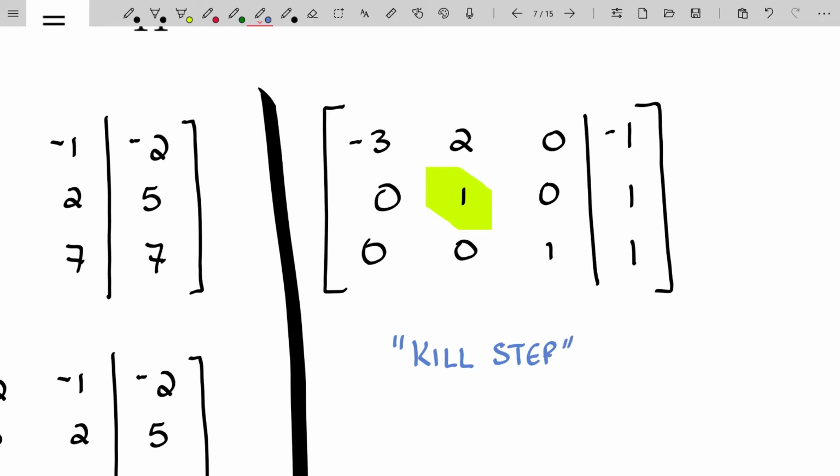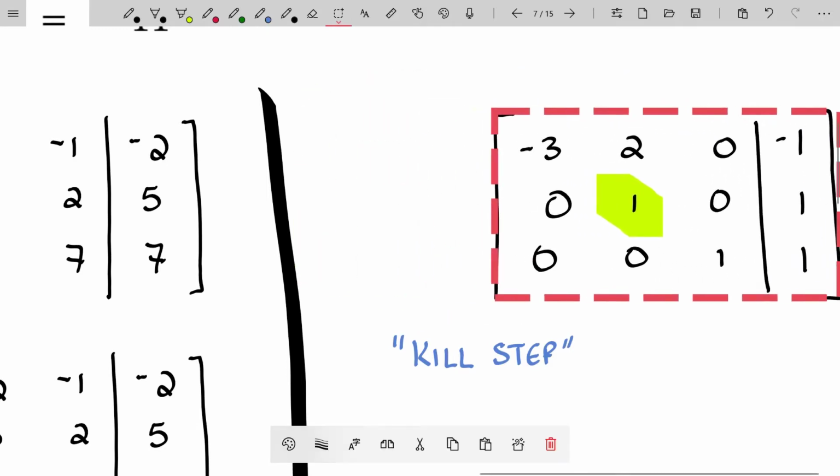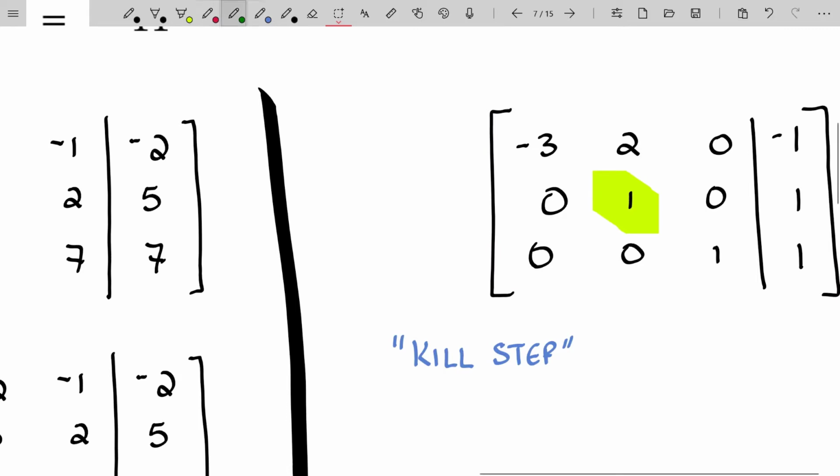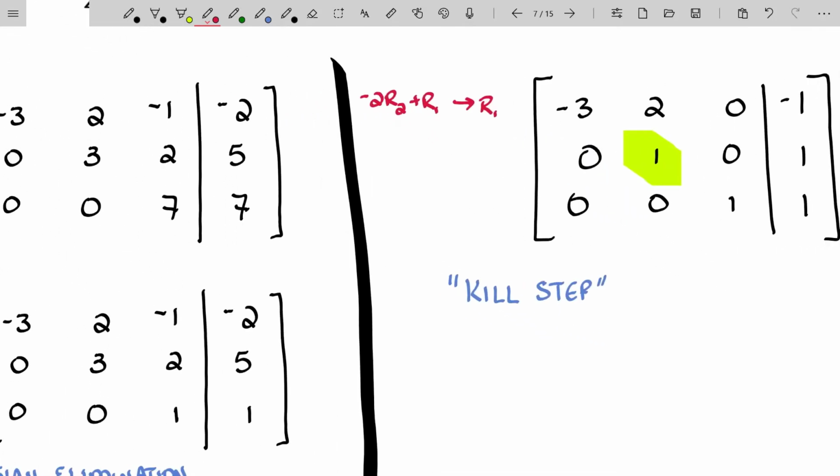I'm going to go ahead and take -2 times row 2. Let me move that over so I can write this next to it. I'm going to take -2 times row 2, add it to this row 1 here to become the new row 1. Now, instead of writing everything out step by step, I'm just going to do it now.